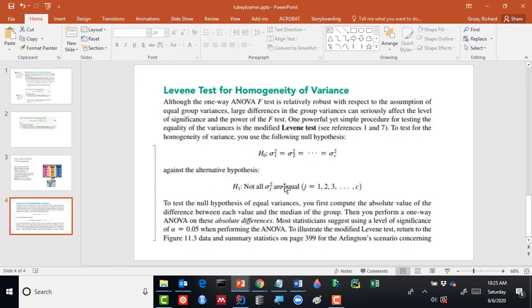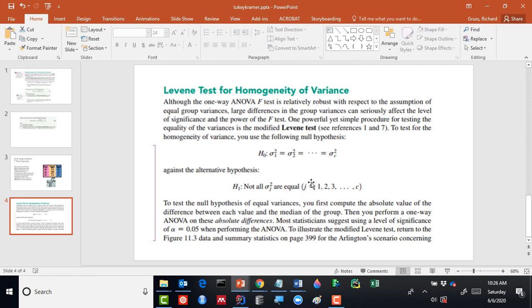So we're going to be doing another hypothesis test, only this time we're going to see if we can reject the null hypothesis that all of the variances are the same. Notice that the standard deviation symbol squared means the variance. The alternative hypothesis is that they're not all the same.